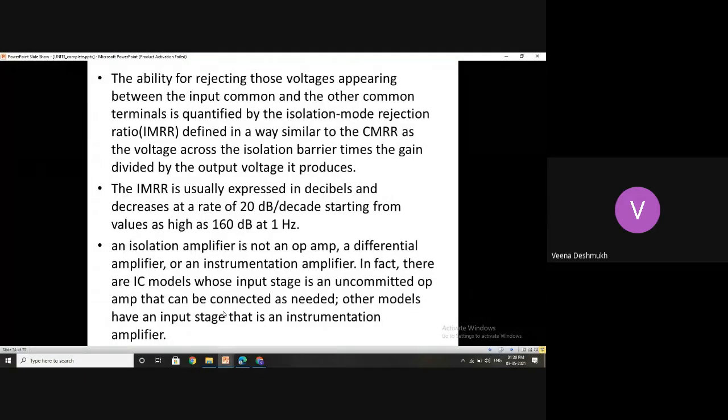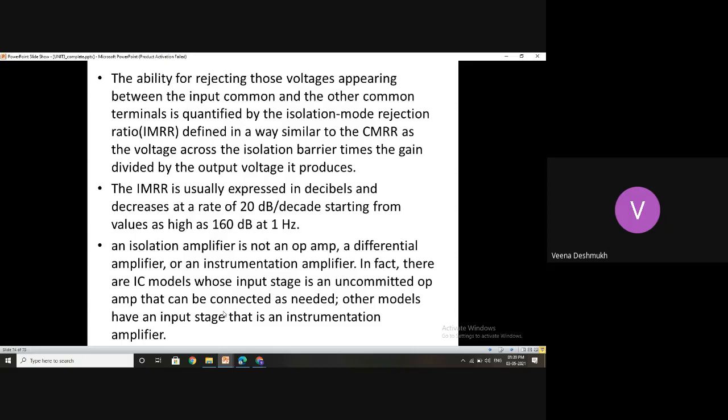Now, how exactly do these isolation amplifiers help? Whenever you come across these op-amp related amplifier circuits, we have studied the common mode rejection ratio, how exactly the common mode signals can be rejected.